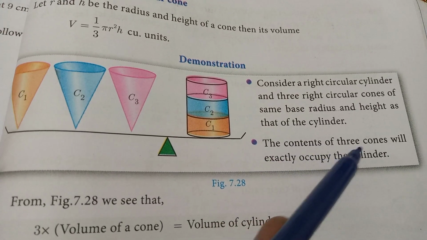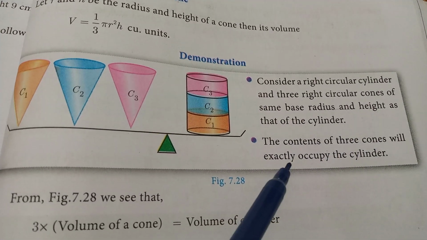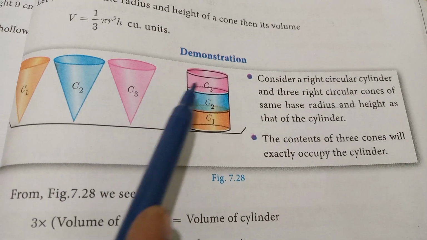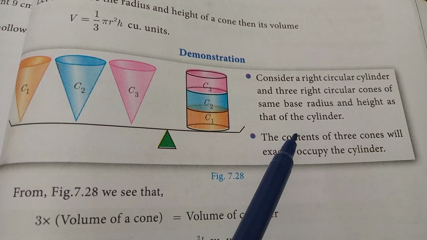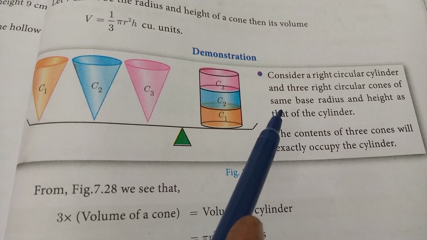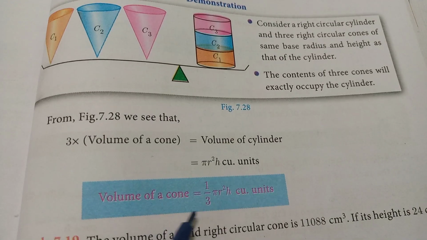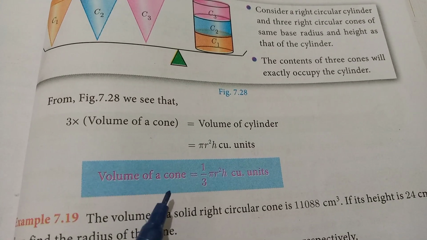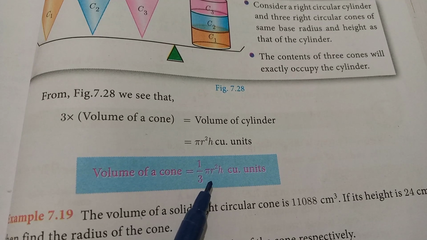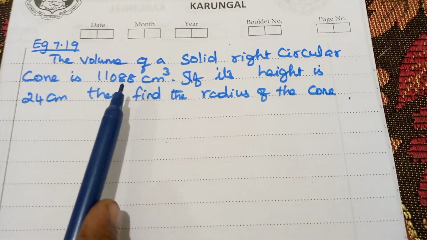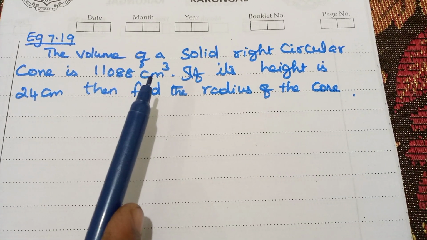The contents of 3 cones will exactly occupy the cylinder. So volume of cylinder is pi r square h. Volume of cone will be 1/3 pi r square h. Okay, what is the volume of cone? 1/3 pi r square h. What is the volume of cylinder? Pi r square h.